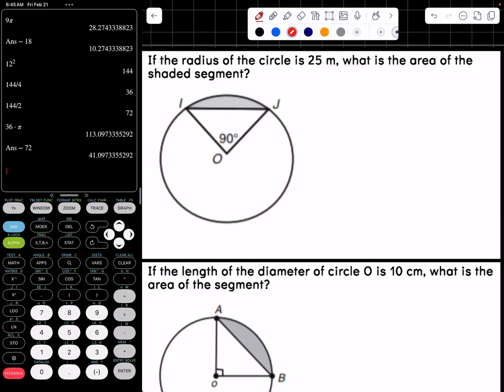Here, the radius of the circle is 25, so we've got 25 as the radius. We're going to work it down the exact same way. It doesn't ask us to leave our answer in terms of pi, so we'll just continue on through. We end up with the area equals pi r, which is 25 squared, times 90 over 360, minus 1/2 times 25 times 25.